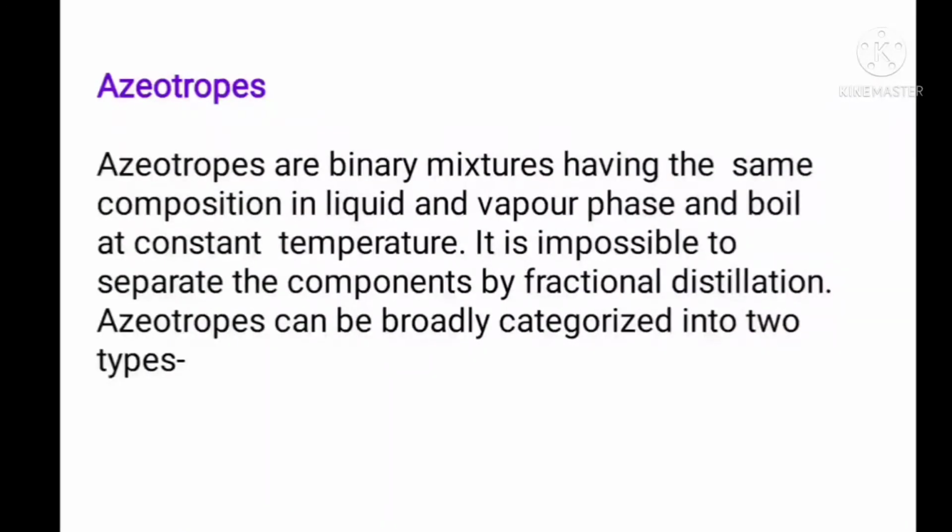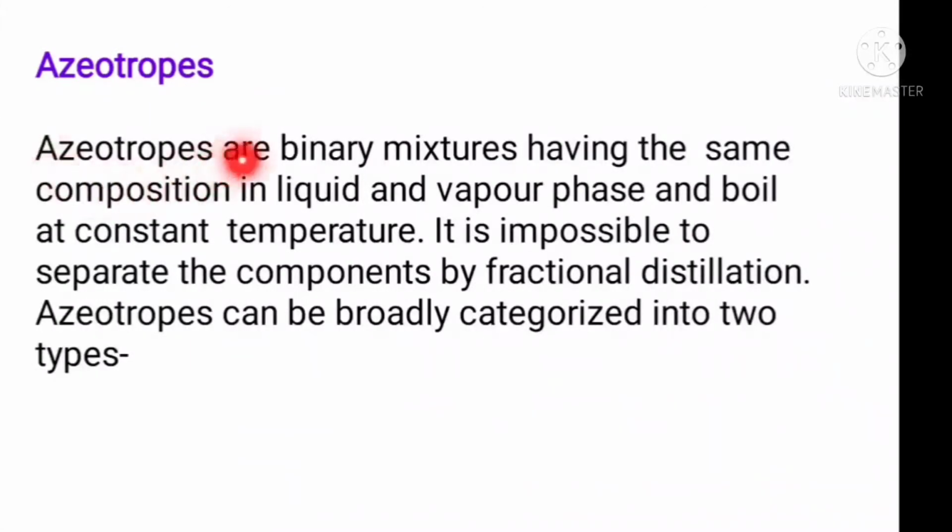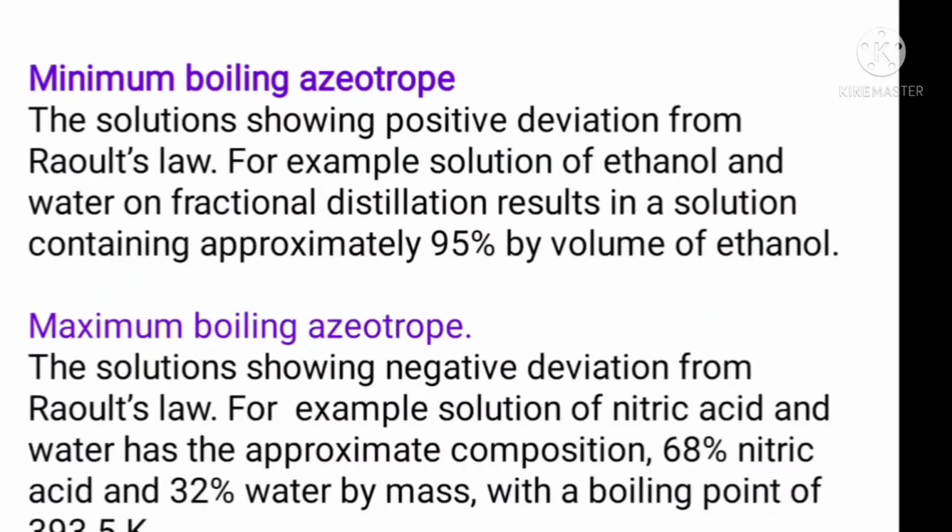Next we are going to discuss azeotropes. Azeotropes are binary mixtures having the same composition in liquid and vapor phase and boiling at constant temperature. It is impossible to separate the components by fractional distillation. Azeotropes are of two types: minimum boiling azeotrope and maximum boiling azeotrope.